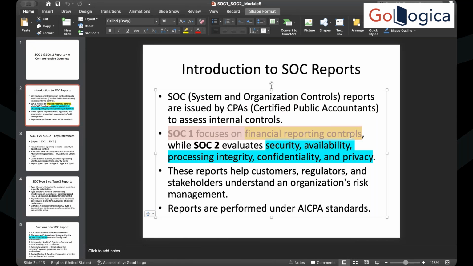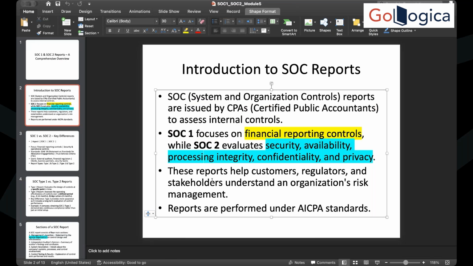So I can do an SAP audit and I will focus on financial reporting controls in SAP. We'll come to what controls could be, but you understood SOC 1 is for financial reporting controls, and SOC 2 is more on the security side, as you can read: security, availability, confidentiality, privacy, and process integrity.